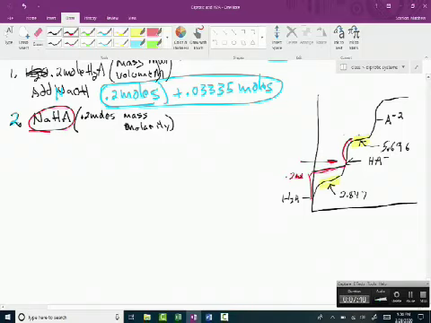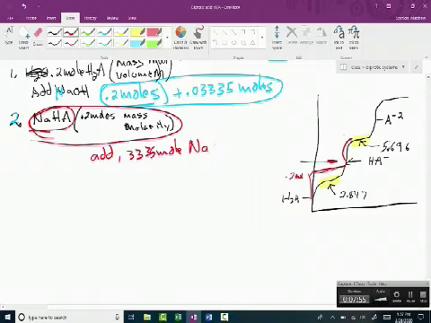So all I've got to do is add a little bit more sodium hydroxide. I can take 0.2 moles of this and add 0.3335 moles of NaOH.